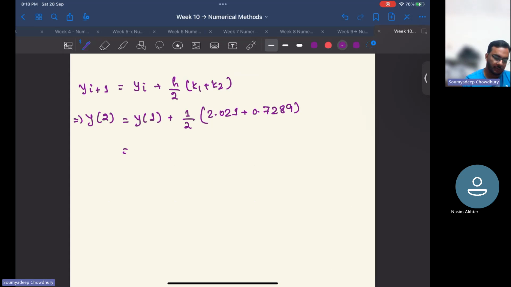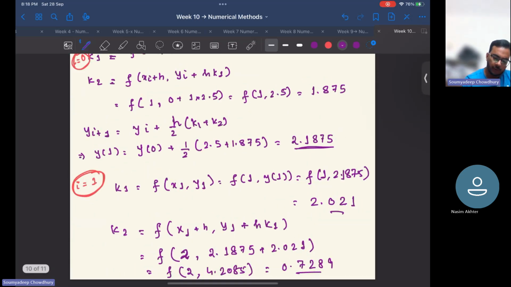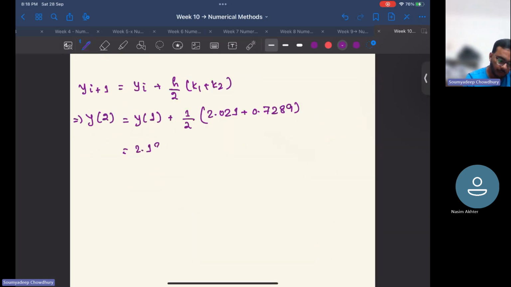Y of 1 was 2.1875, so 2.1875 plus 2.021 plus 0.7289 divided by 2 is 2.1875 plus 1.37495, so it is 3.56. This is the value of y of 2 which we get by our RK2 method.